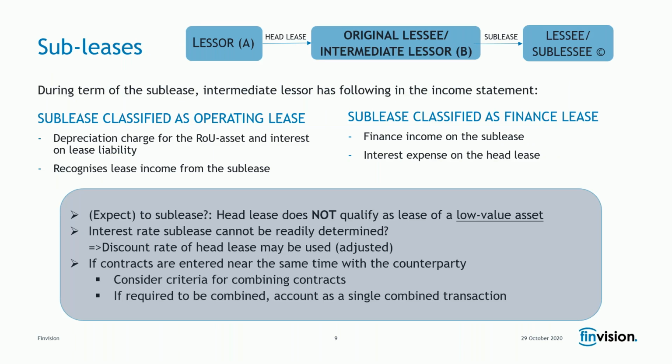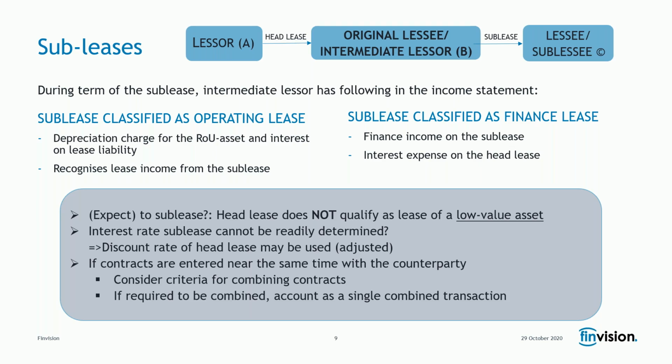Once you have made the assessment whether you will classify your sublease as an operating lease or a finance lease, we can consider the consequences as follows. If you classify it as an operating lease, you will continue to account for your depreciation charge on your right of use asset in the head lease and also the interest on the lease liability.